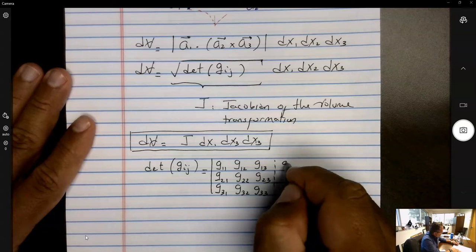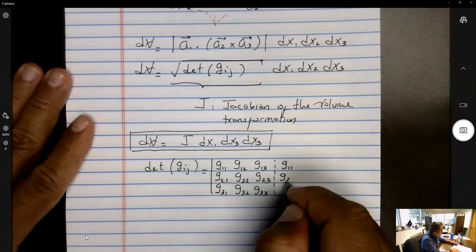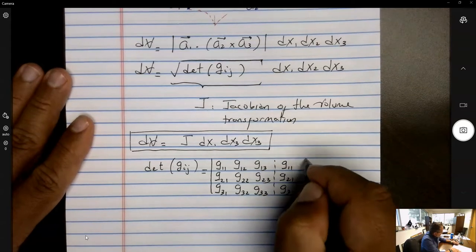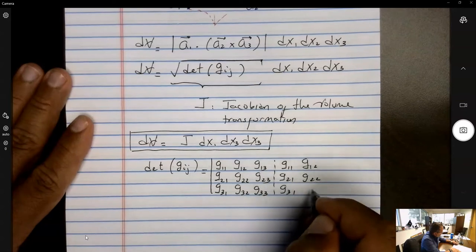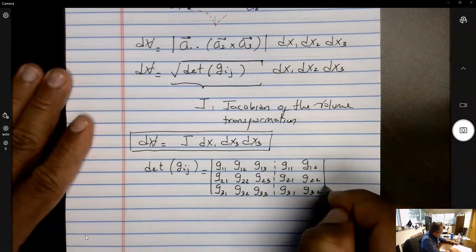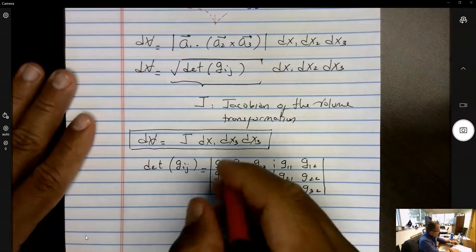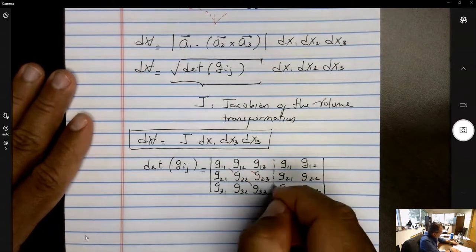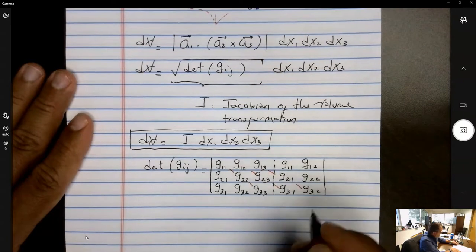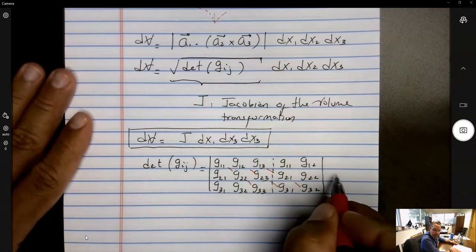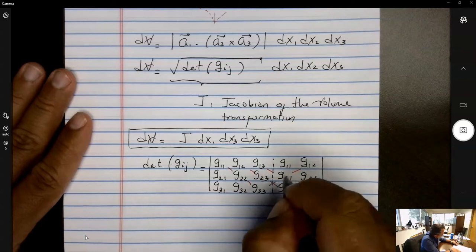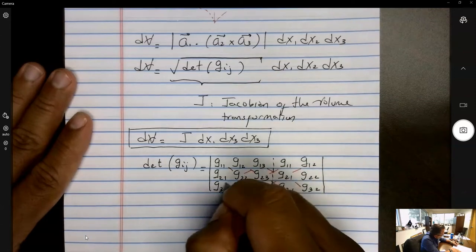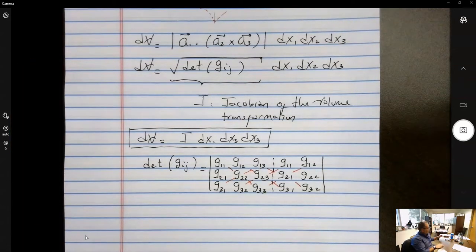I do it horizontally: I repeat the first two columns, g12, g22, and g32. Then I take the product of the diagonals and add them up, and then I subtract the product of the counter diagonals. Same way we did the cross product. This is how we calculate the determinant of this tensor, which is a matrix.